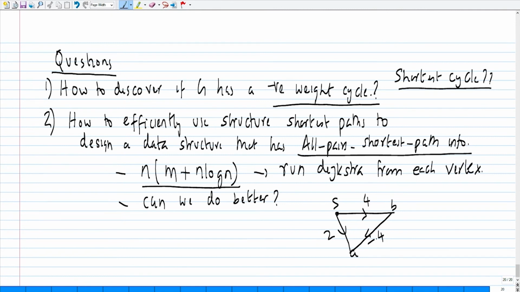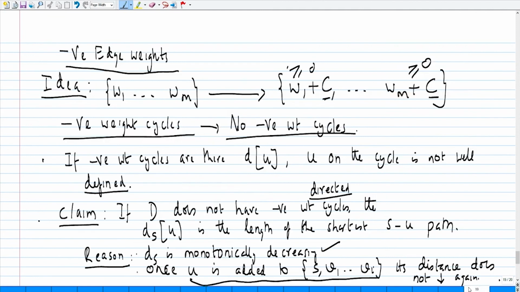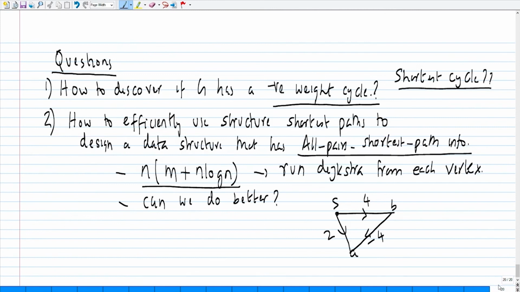Yeah, so I think I made a mistake. So I'll just correct this. This won't work even in undirected graphs. So let me just go back. I will just take this back.